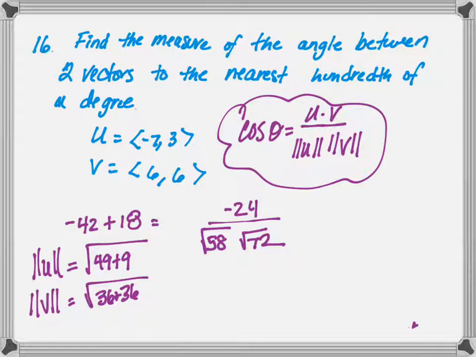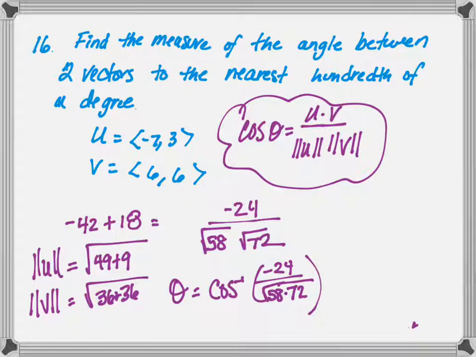So theta will be the inverse cosine of negative 24 over the square root of 58 times 72, all under the square root. So go ahead and use your calculator for that, and you should get 111.80 degrees. So that would be the answer to number 16, and I'll stop with this video there.